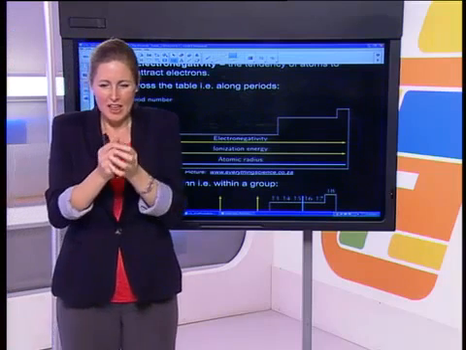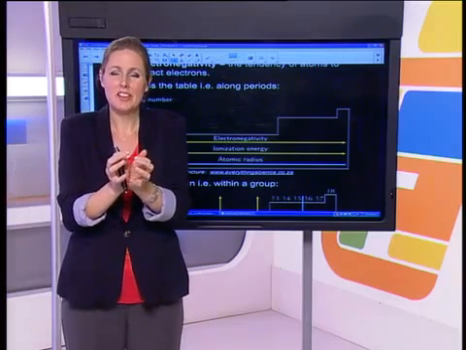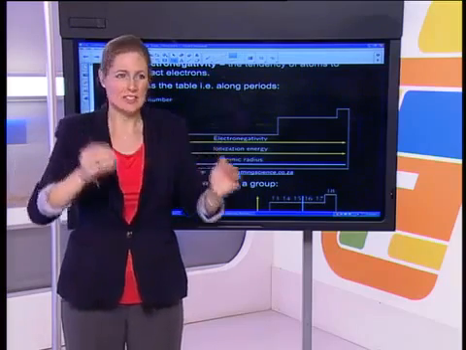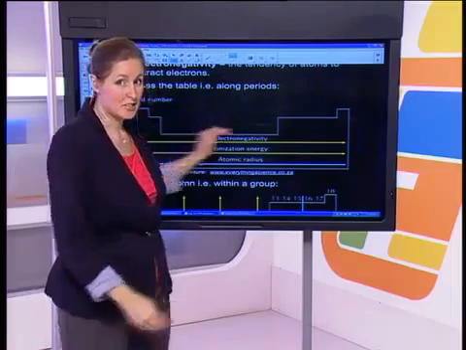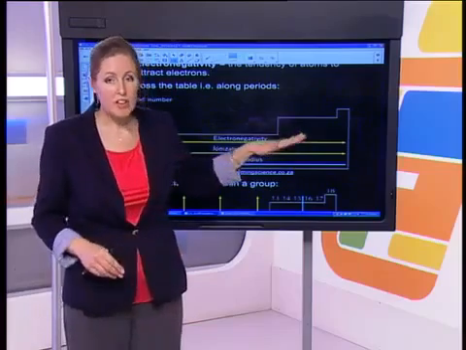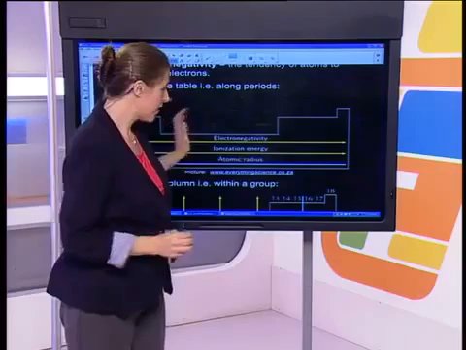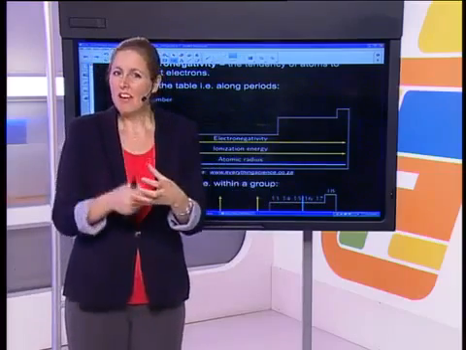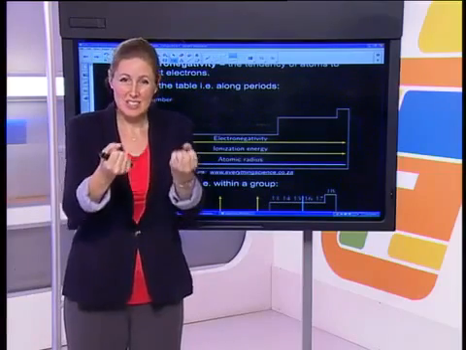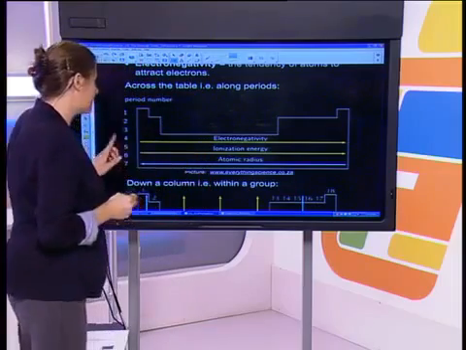Because within that energy level, remember the second period only has 2 energy levels and the third period will all have 3 energy levels. Within that energy level, as you go further along, there are now more protons inside the nucleus, and so they're attracting more to those outer electrons.